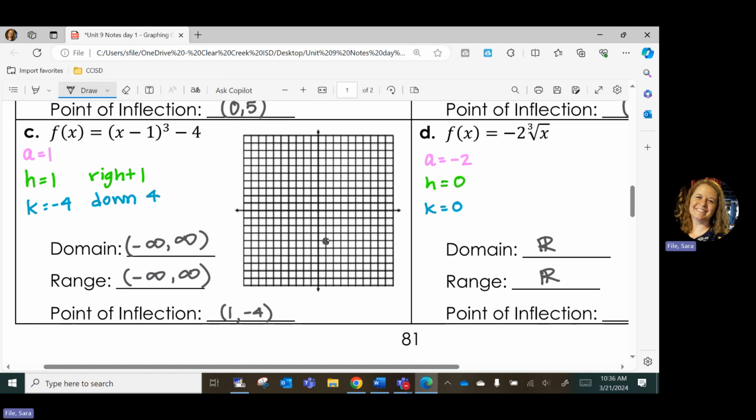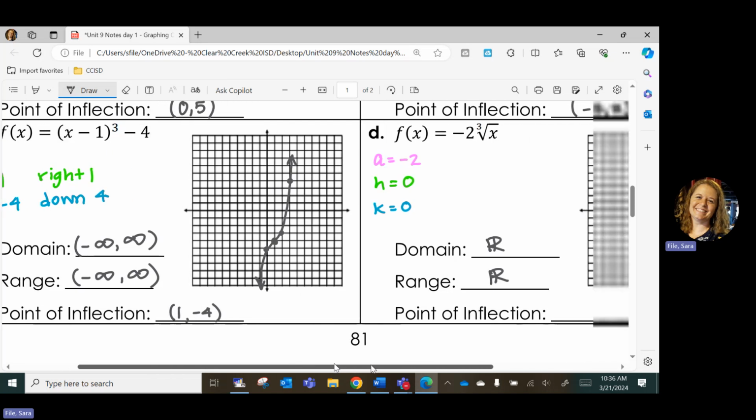No stretch or compression, no reflection. So it's a cubic. I can just count from that point of inflection over 1 up 1, left 1 down 1, over 2 up 8. And this one would be off the grid if I went left 2 down 8. Everybody still with me? All right.